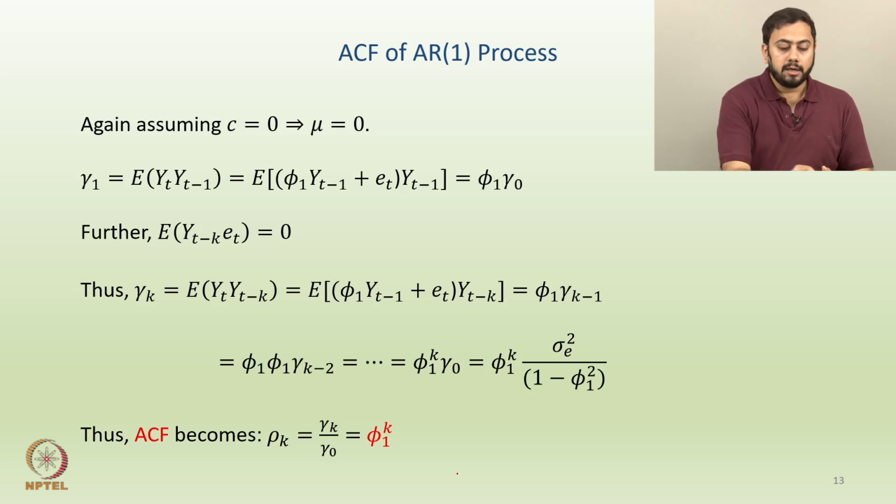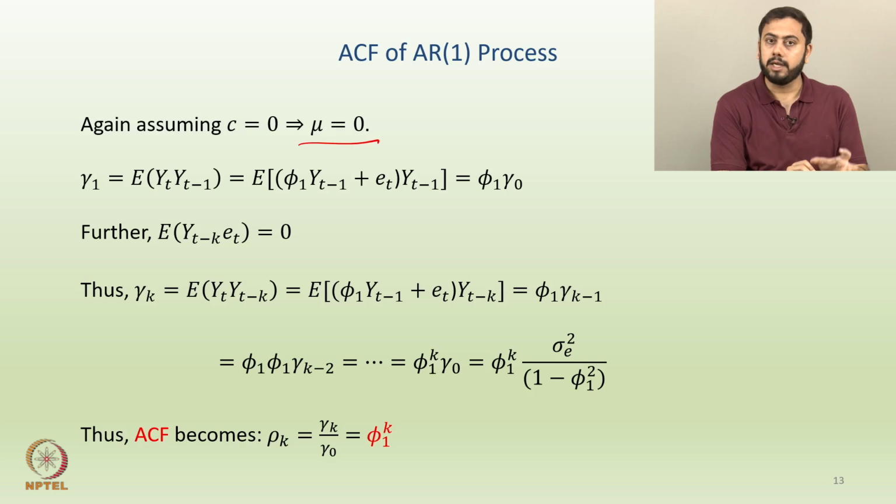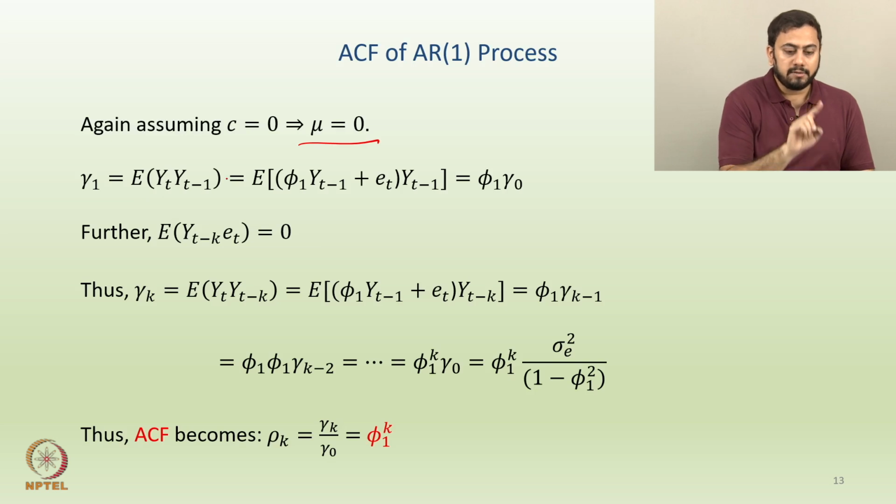Now again, assuming that the mean is constant and equal to 0 as before. Gamma 1, so what does gamma 1 mean? Gamma 1 is nothing but the covariance at lag 1. So it would be something like expectation of yt into yt minus 1. Of course, I will pause here for a second and tell you that there should be one more term.